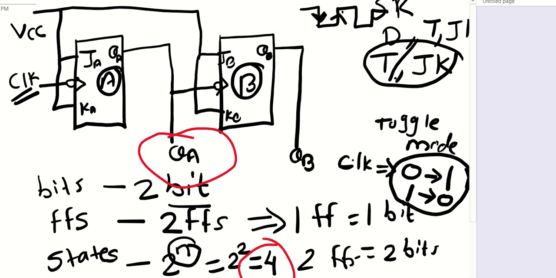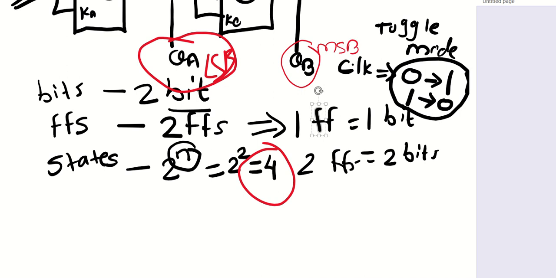So QA will be your LSB, while QB will be your MSB. As I have said, QB is your MSB and QA is your LSB, right?